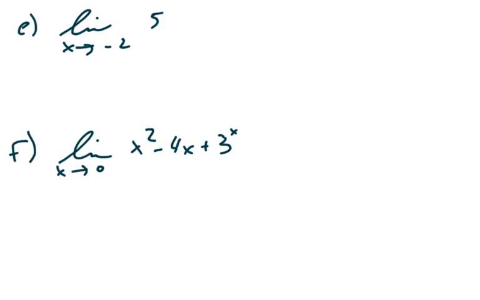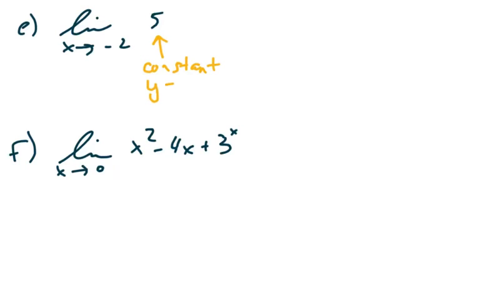Moving on. Part E, this was kind of like that question on the homework where it was the limit as x approaches, I forget what the number was, maybe 3. And then it was a pi value here. Right, so we had the limit as x approaches pi. And for those who did reach out to me, we talked about how anytime that you have a constant here, that is always going to be your answer.